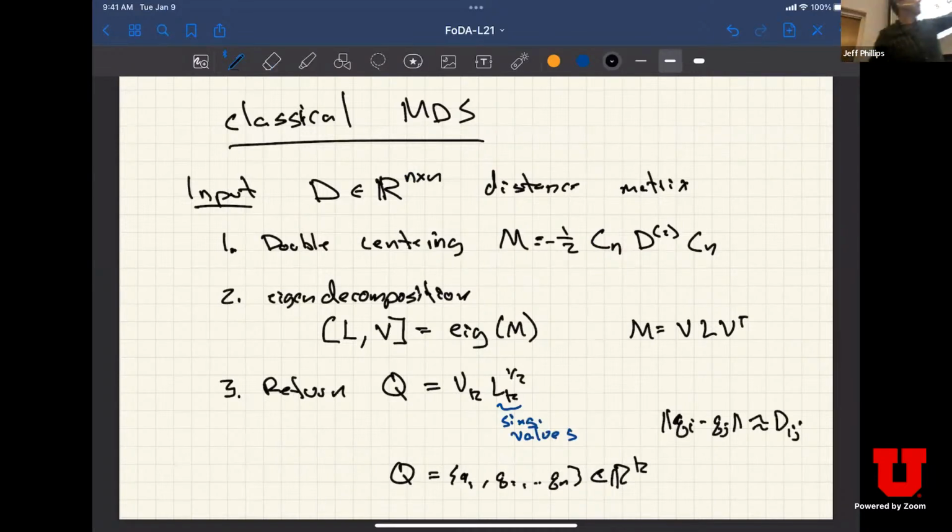These are the top K. V_K is going to be an n by K matrix, and L_K is kind of the identity. I think I'm scaling each of the things in V_K before multiplying.